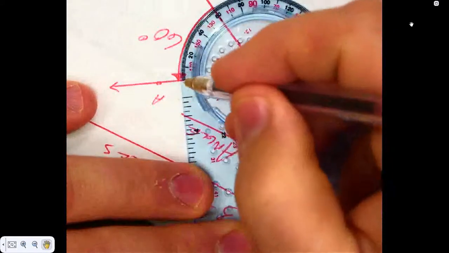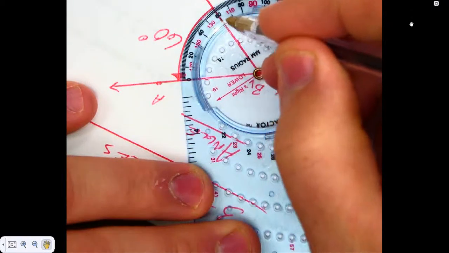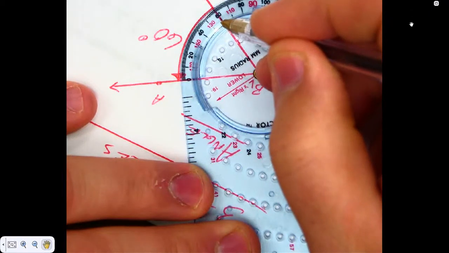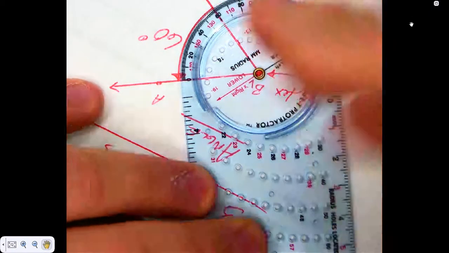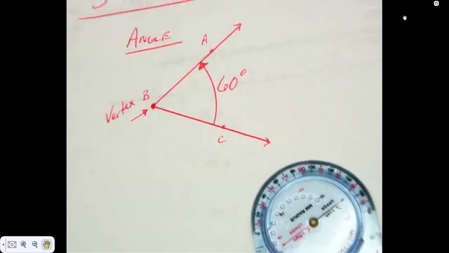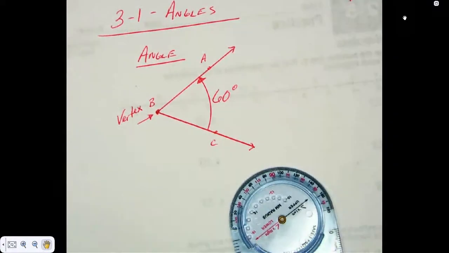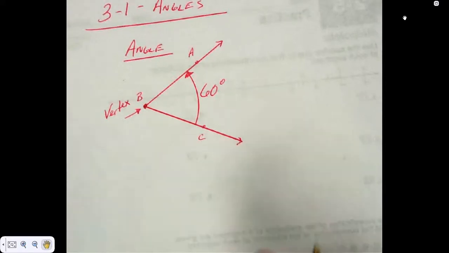You just need to remember you're always starting at 0 here. So from here to here obviously wouldn't be a 120-degree angle, would it? Obviously it's 60. So that's how you use these. Does that make sense? Do we kind of understand the way an angle is measured? Okay, it's measured along a circle that way. That's how we measure an angle.